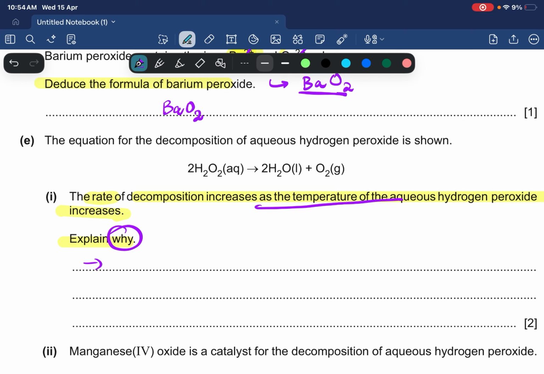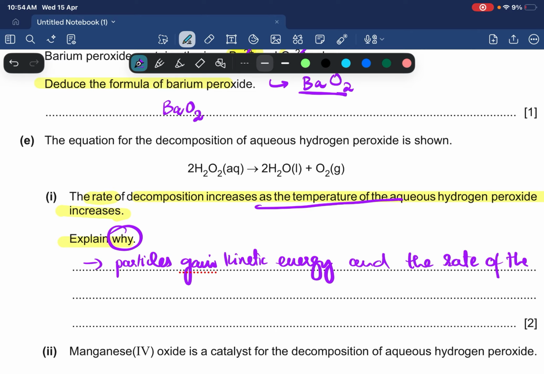The explanation for this is that the particles gain kinetic energy. Your explanation should be clear: particles gain kinetic energy. And the rate of the reaction, this is what the examiner stated, so I'm not going to write it.